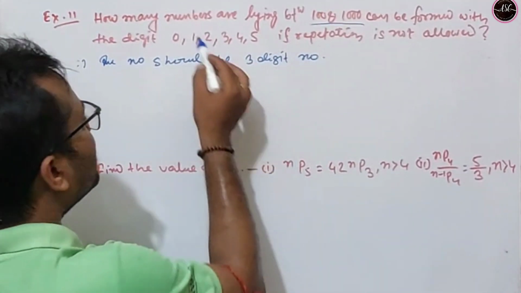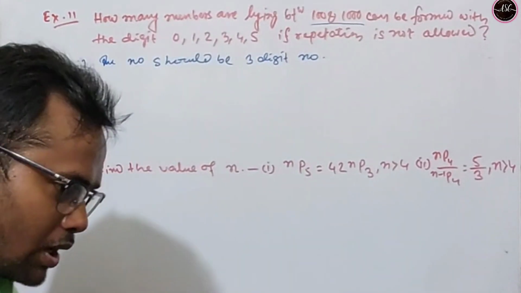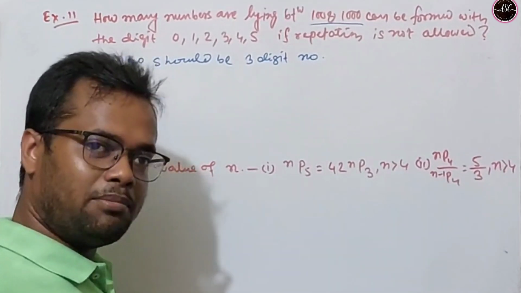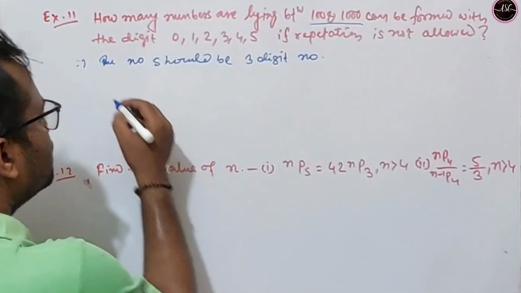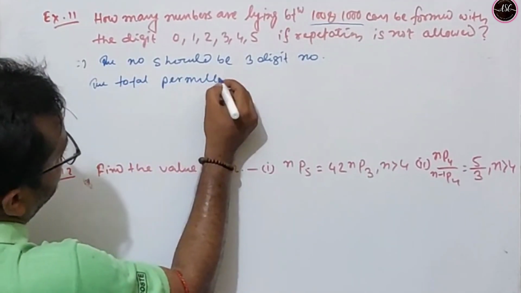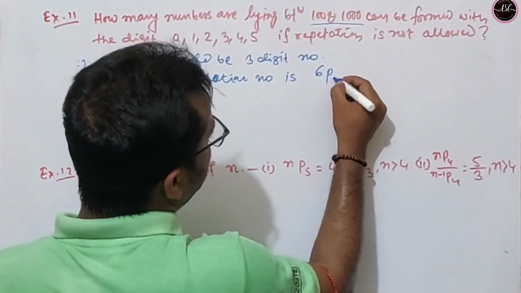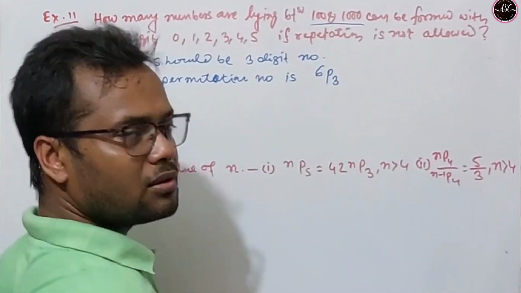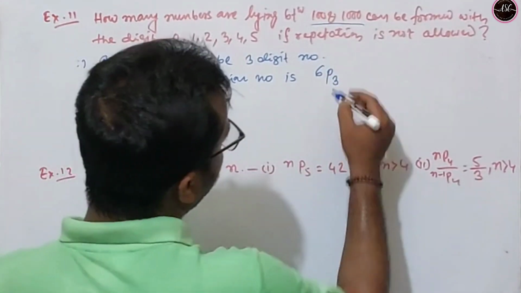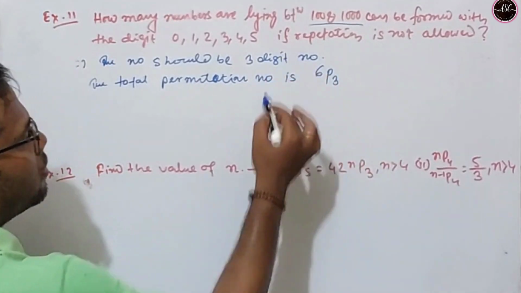There are 6 numbers: 0, 1, 2, 3, 4, 5. If we form 3-digit numbers from 6 numbers, the total permutation number is 6P3.